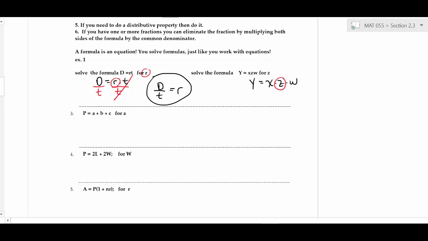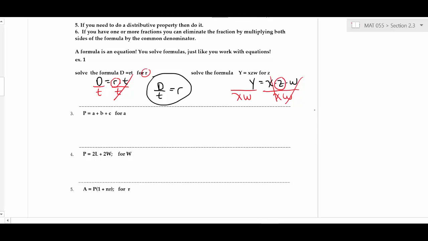If you want z to be by itself, you don't touch z. What needs to go away? X and w. How do you make x and w go away? You divide by it. Why do you divide? Because you're undoing multiplication. That's what I'm going to keep repeating, because that's what you have to understand. I think that's what students don't understand. Okay, those divide out.